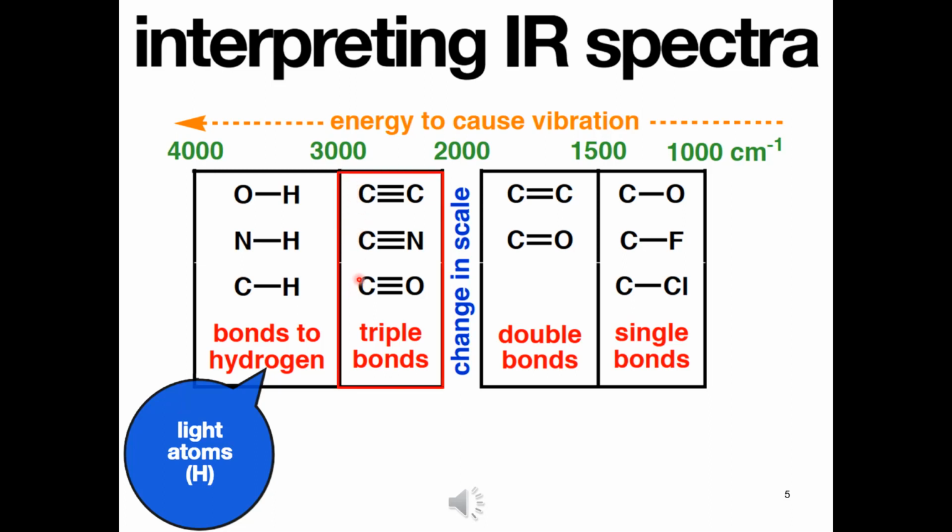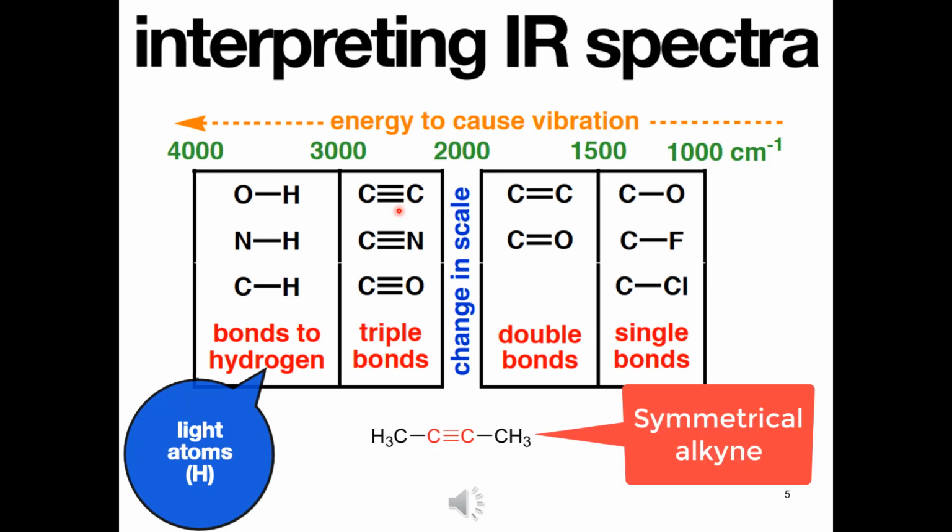The nitrile group, which was the carbon that's triple bonded to nitrogen, is one such example of this group, as is the carbon-carbon triple bond found in alkynes. However, alkyne triple bond stretches may be absent if a molecule is symmetrical.